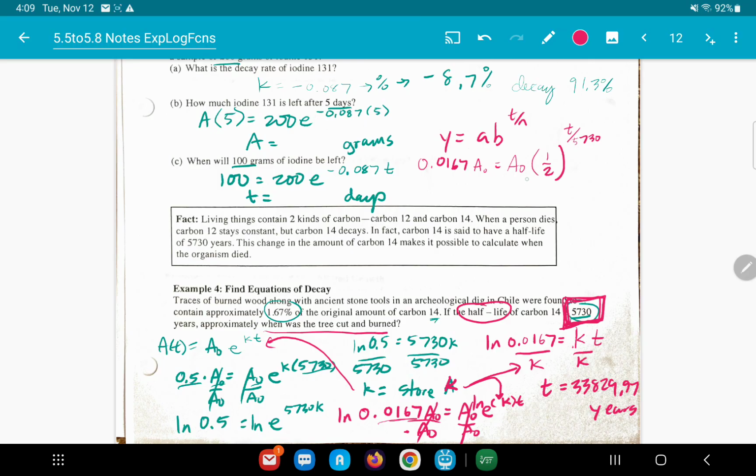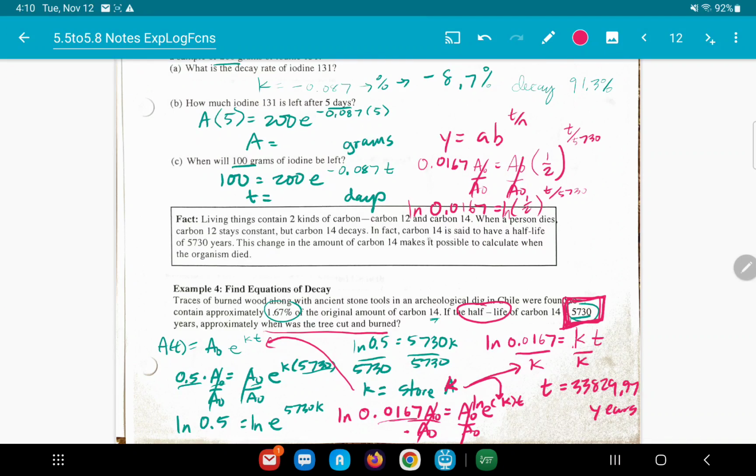And then from here, I'm just going to go ahead and solve for t. I divide both sides by a sub 0. I'll get 0.0167 is equal to 1/2 to the power of t over 5730. And then what I would like to do here is to bring that number down. I'm going to go ahead and ln both sides.